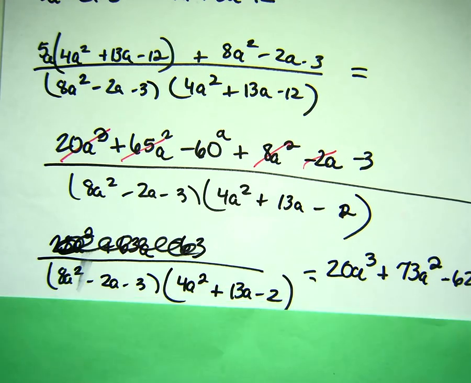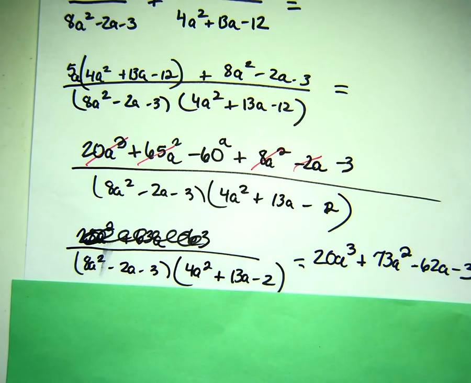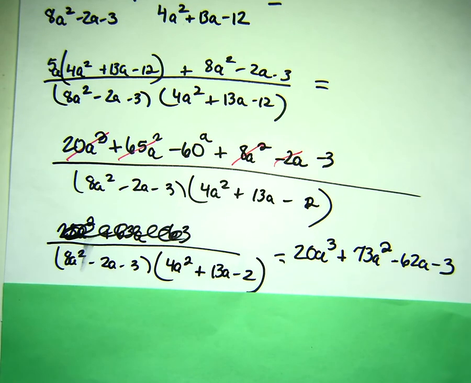I made a mistake, so my apologies. Okay, so ignore the scribble. I brought down the 20a cubed, hence here it is right here. I crossed it out. I combined my 65a squared and my 8a squared, hence the 73a squared, crossed it out.